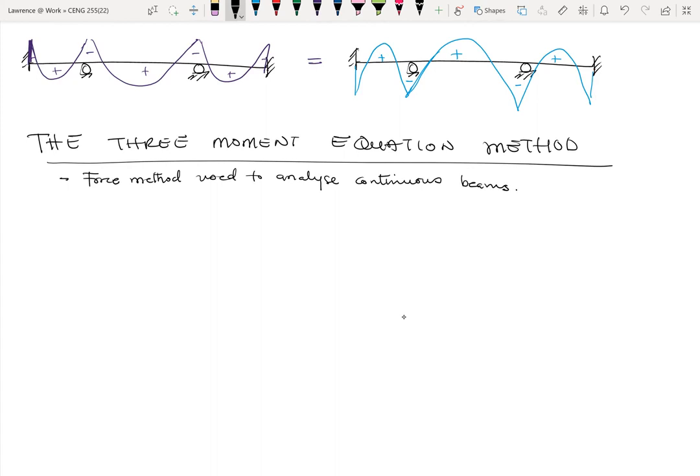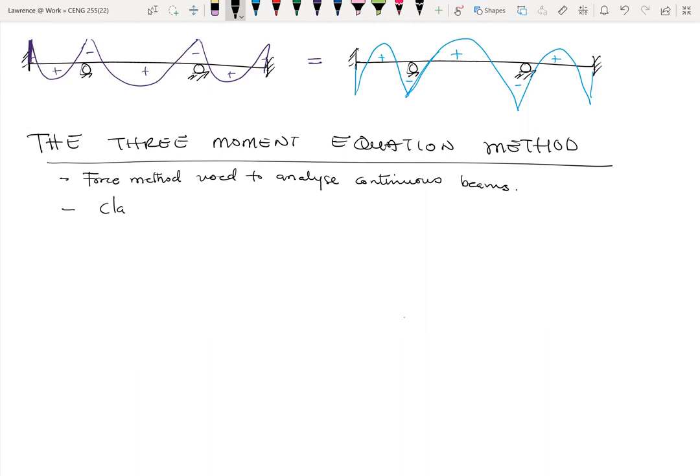So to help us to draw our shear force and bending moment diagrams, it was, I think, proposed or presented by, what's his name again? Clapeyron.